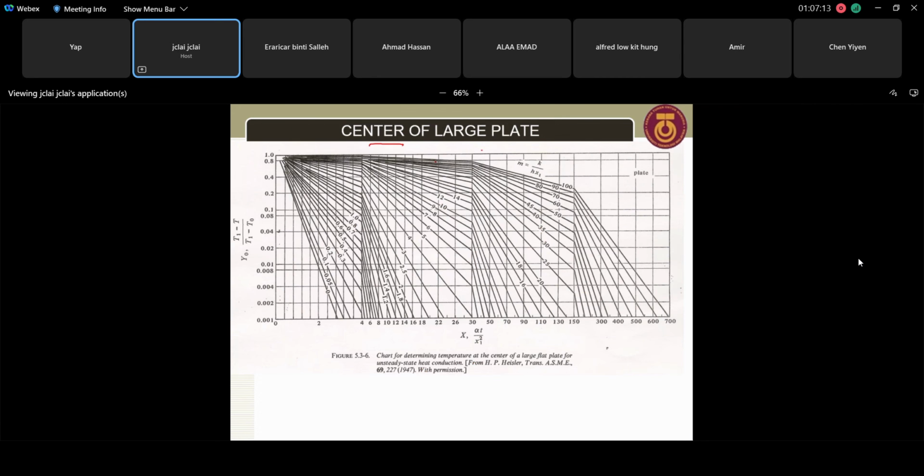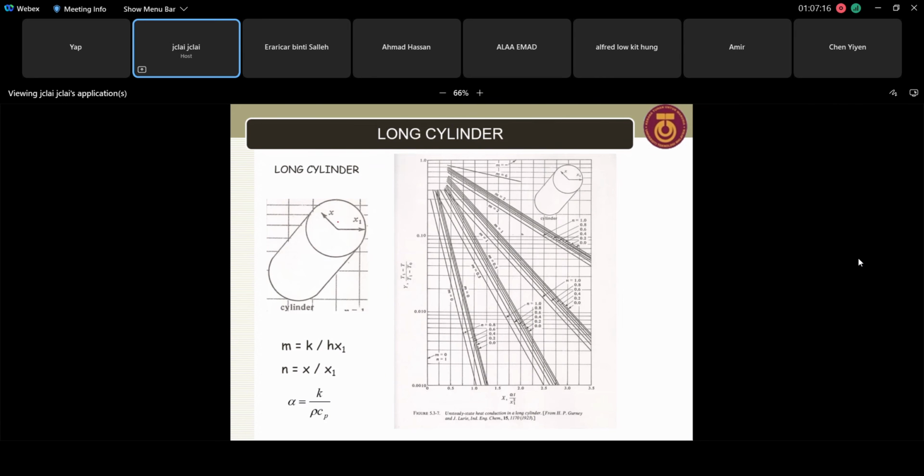Okay, for a long cylinder, the condition is that it is very long. So we can say the heat loss through both ends, like this surface, you know there are two ends, right?